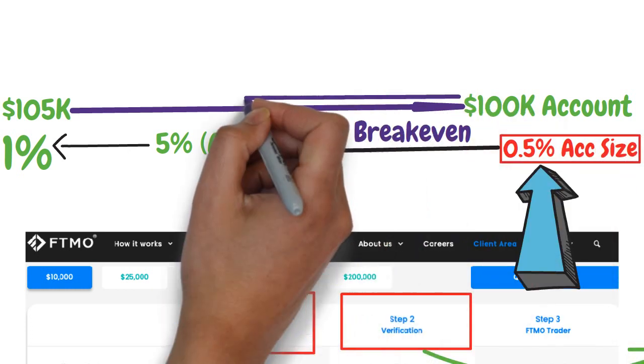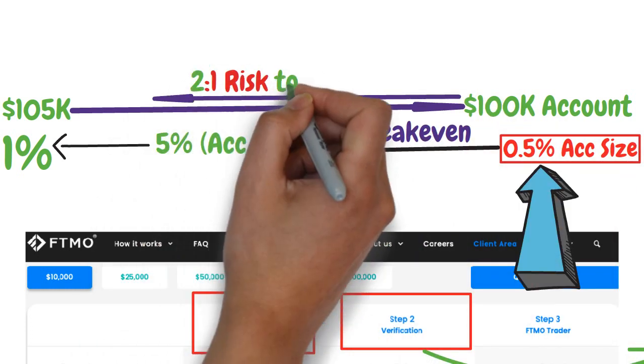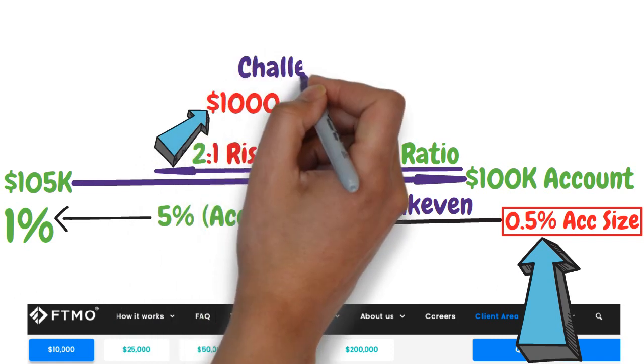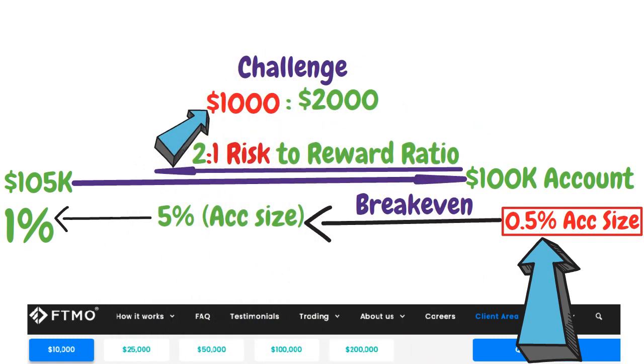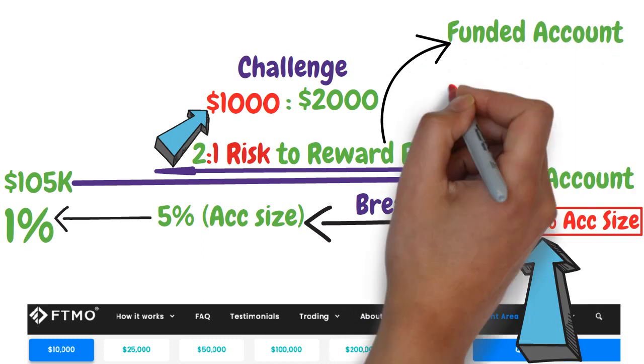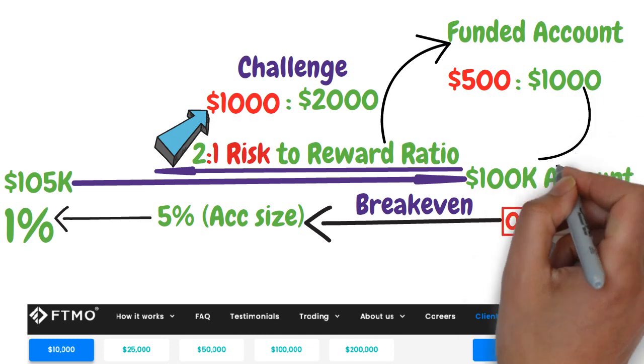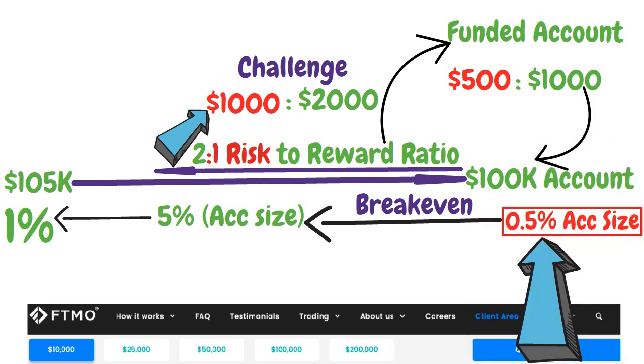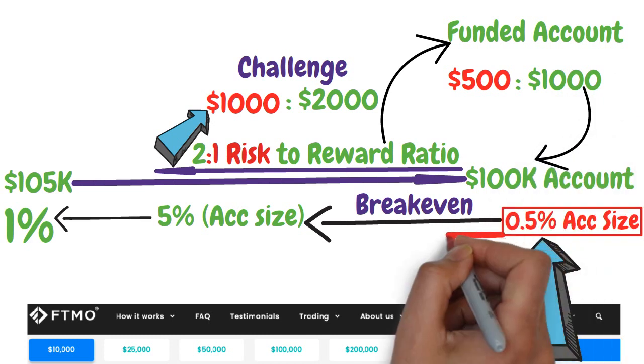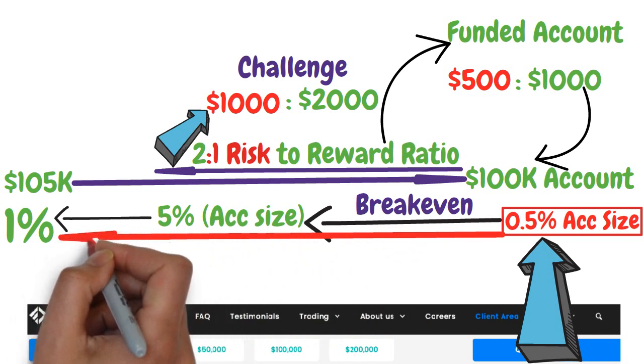The reward ratio I shoot for every single trade is always a 2-to-1 risk to reward ratio, meaning if I'm risking $1,000, I'm looking to gain $2,000. When you start off the funded account on a 100k, I risk $500 to gain $1,000. Again, the percentage is very simple: risking 0.5%, looking to gain 1%.